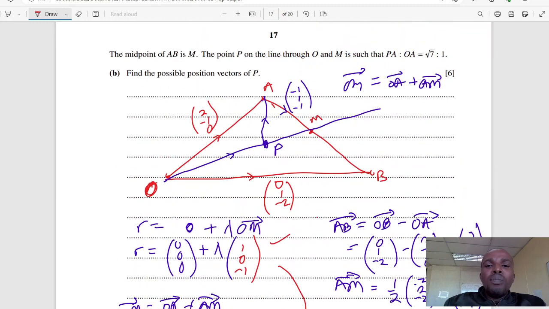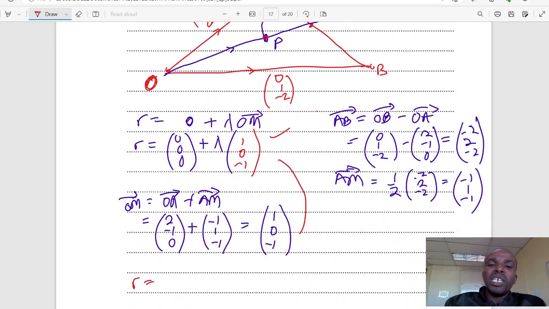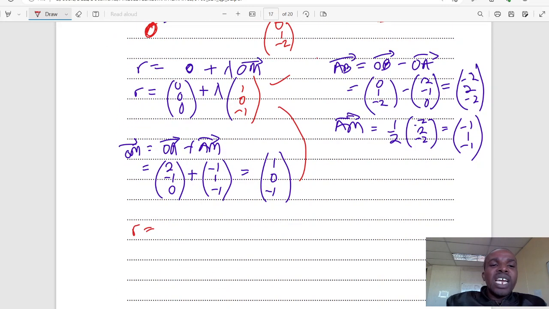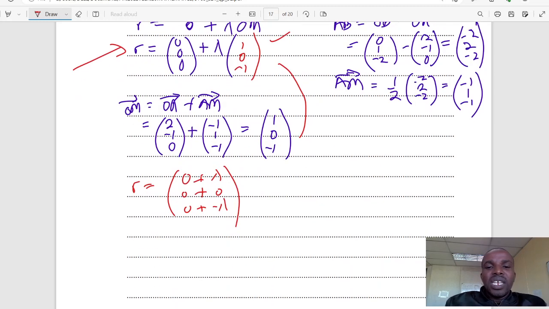Now we're told that P lies on the line, and we want to find the position vector of P. The position vector of any point on the line: 0 plus lambda times 1 is lambda, then 0 plus lambda times 0, then 0 plus lambda times minus 1 is minus lambda. So it will be (lambda, 0, minus lambda).